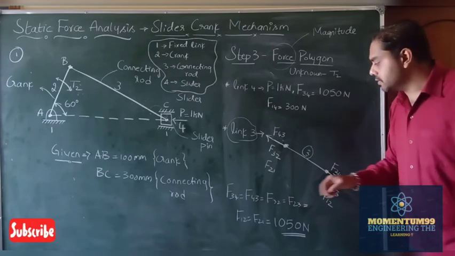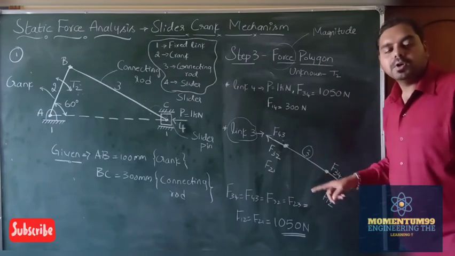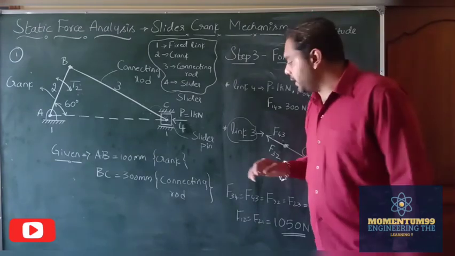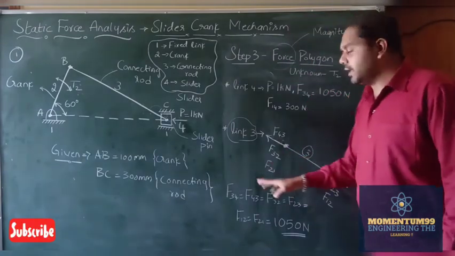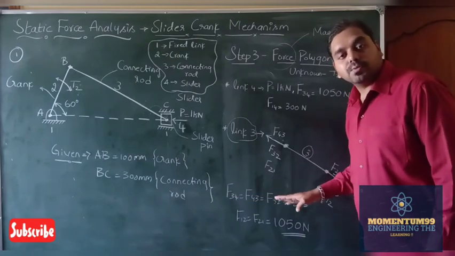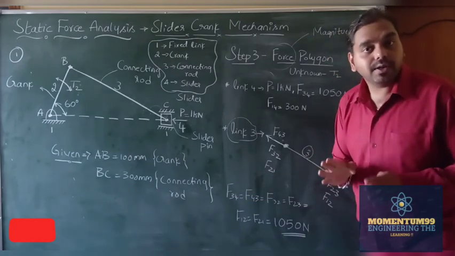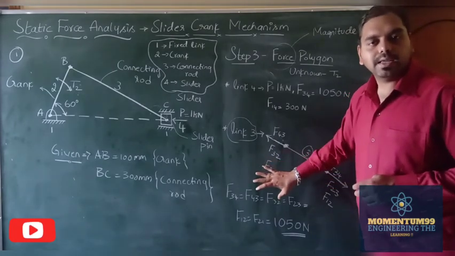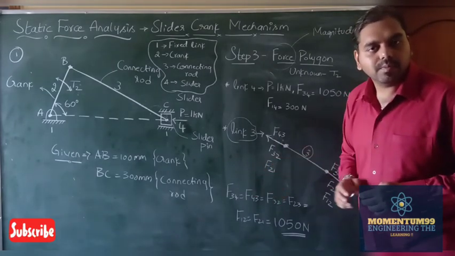And also the last forces F21 and F12, we will consider so that we can find the torque here. Finally, we take the symmetry of all these forces: only the magnitude will be equal and not the direction. The direction will be opposite, hence they cancel out each other, and the link under consideration will be in equilibrium.